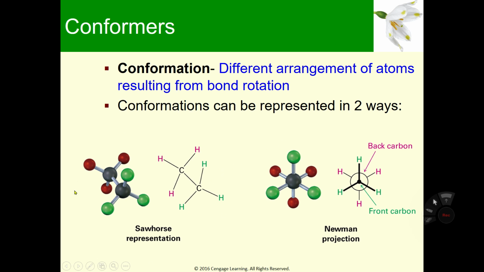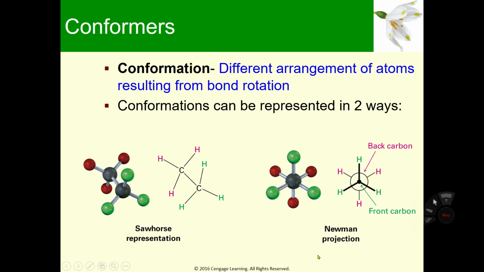For example, here, if you have carbon, you have an eye here, and look through this carbon-carbon bond, and this black dot is front carbon. This large circle is the carbon in the back. So you have three hydrogens here. You have the front carbon, you have the carbon in the back, and red hydrogens are attached to the carbon in the back.